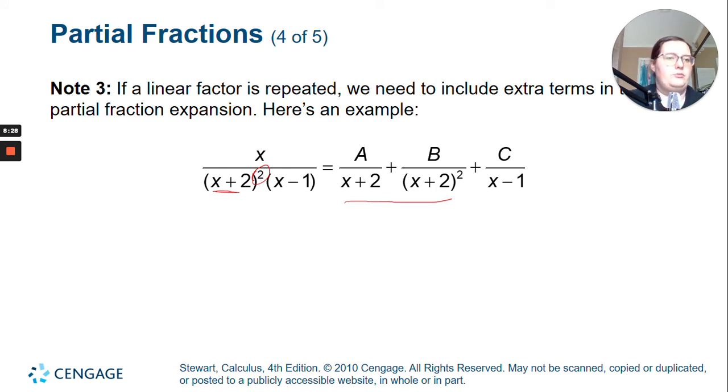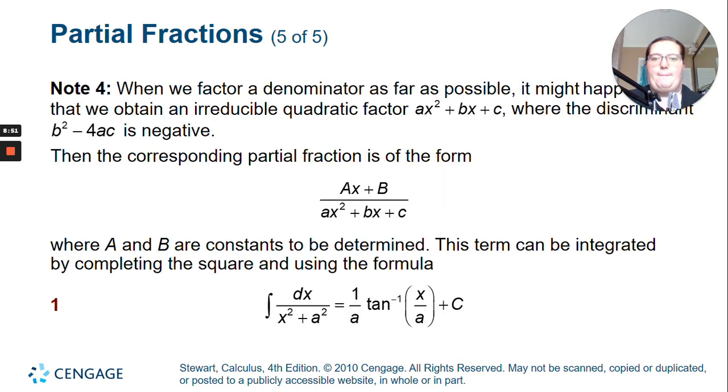If it would have been cubed, so like let's just pretend it was cubed, it would be a over x plus 2, b over x plus 2 squared, and then plus another c over x plus 2 cubed. So if you have something that repeats, so if it has a multiplicity of 2 or greater, you're going to need a fraction for each one of those multiplicities. For the x minus 1, it's just a normal linear, so it's going to be c over x minus 1.